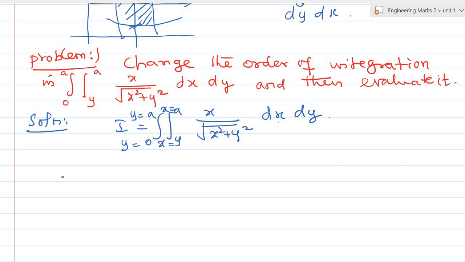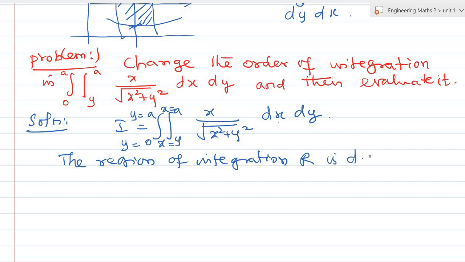Therefore, what is the region of integration? First you have to write this: the region of integration R is denoted by y less than or equal to x less than or equal to a and 0 less than or equal to y less than or equal to a.